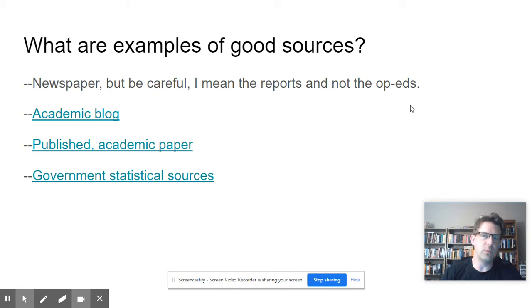And people who give their opinions are biased. Reports are supposed to be non-biased. Of course, there's always going to be some bias creeping in, but reports are better than op-eds. Reports are not biased. Op-eds are, hey, I'm telling you what my bias is. Here it is. Okay, so you want reports rather than op-eds.